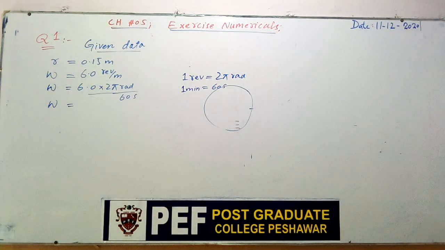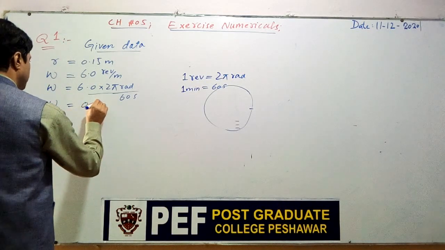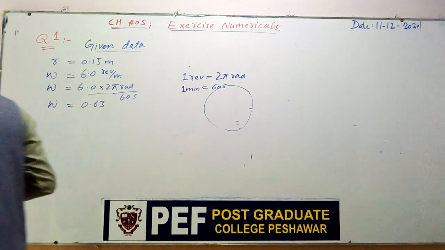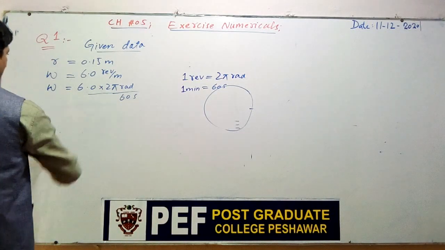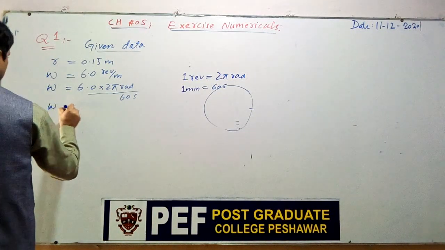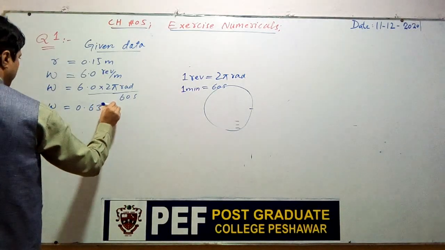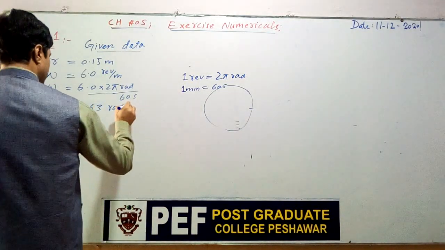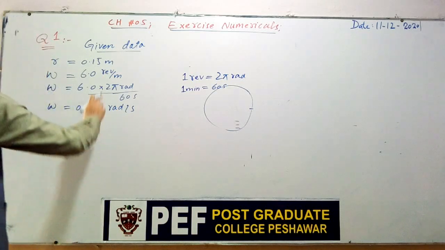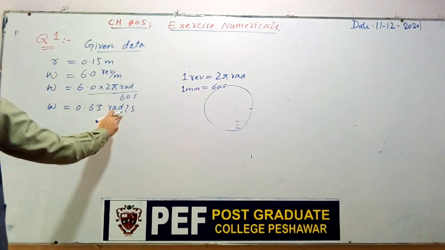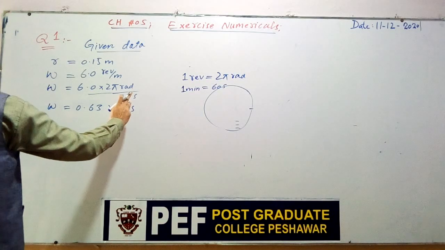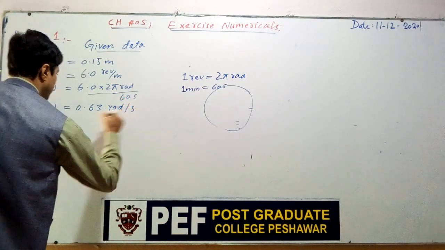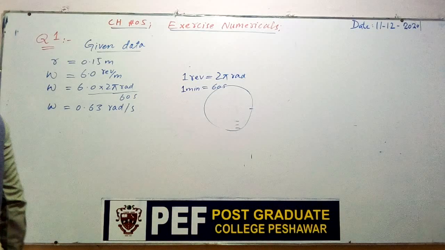At the end, 0.63 is the result. Omega equal to 0.63 radian per second. We just converted this revolution per minute into radian per second, so we get 0.63 radian per second.